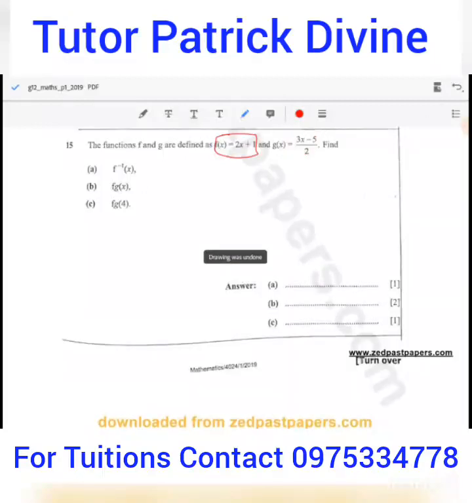So f of g of x is equal to 2, then where there is x here, we put 3x minus 5 over 2.